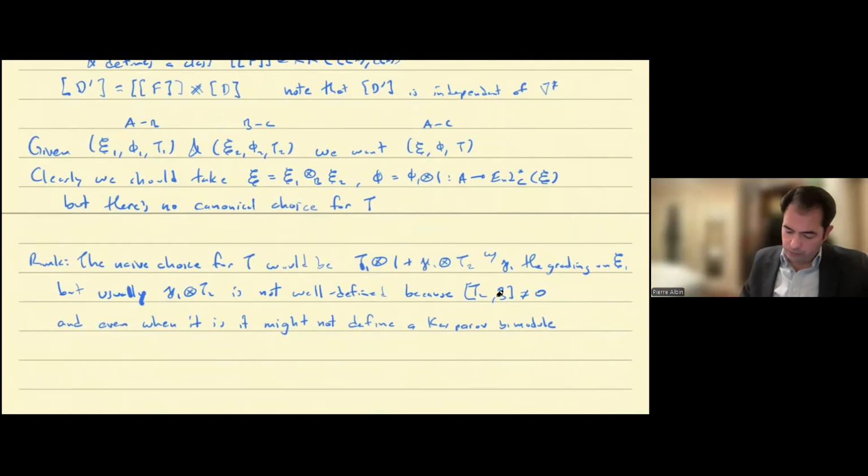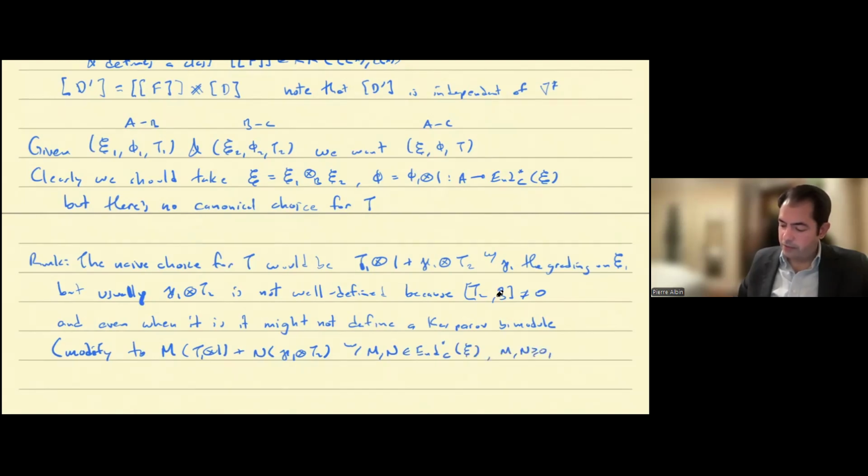So you modify it: you multiply the first term by something and the second term by something, with these adjoinable operators, and you'd want them to be positive and the sum of the squares to be 1.